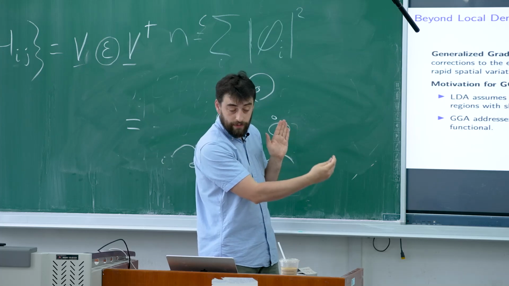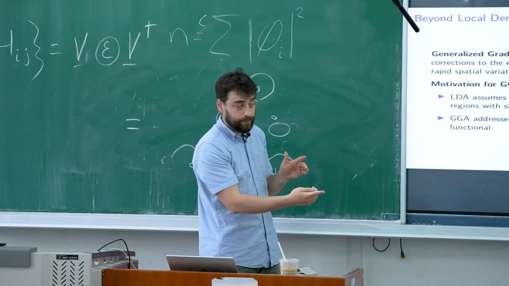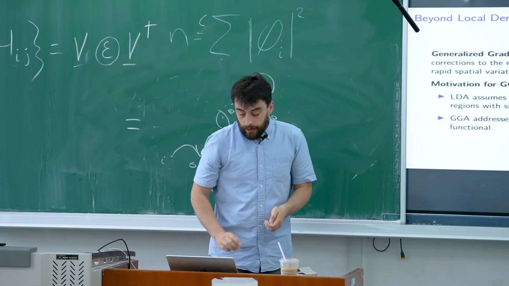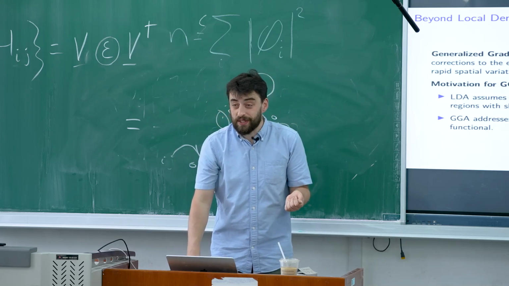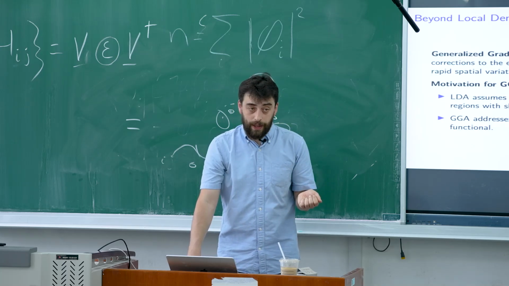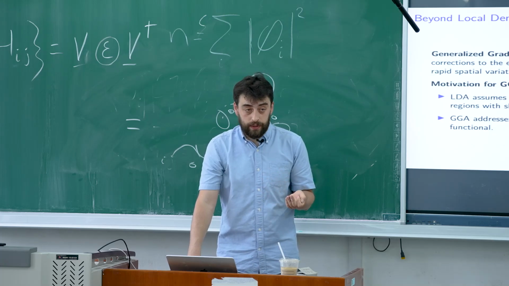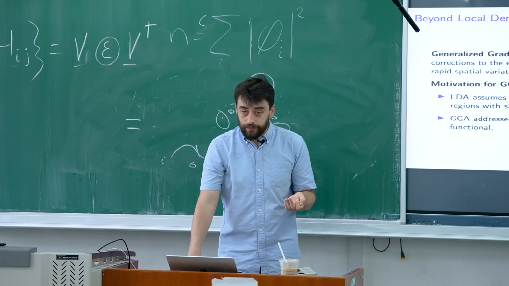If you have a slowly varying term, maybe the first term is good enough in the power expansion. However, the first term isn't good enough in a lot of cases, and for that you need another term in the Taylor expansion. This is known as the GGA, or generalized gradient approximation.